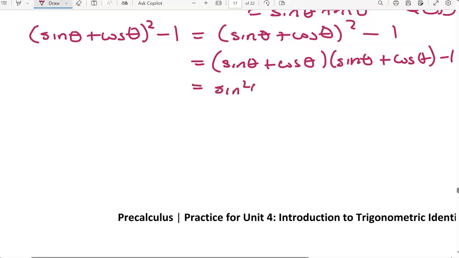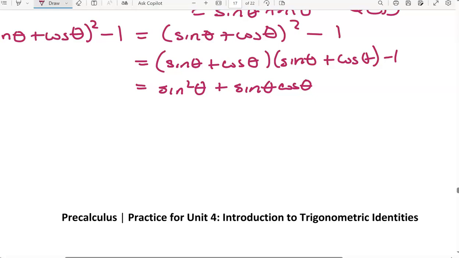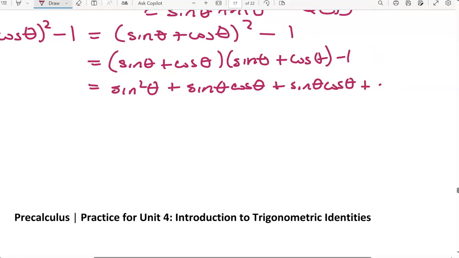So that gives us sine squared of theta plus, the outers would be sine of theta times the cosine of theta. And the inner product would be sine of theta times the cosine of theta also. And then the last product would be cosine squared of theta, and that'll bring down that minus 1.